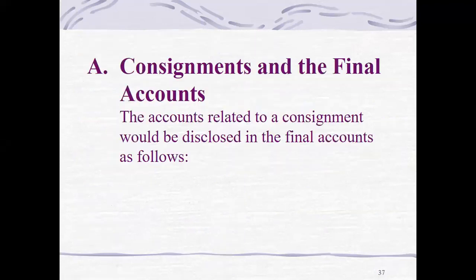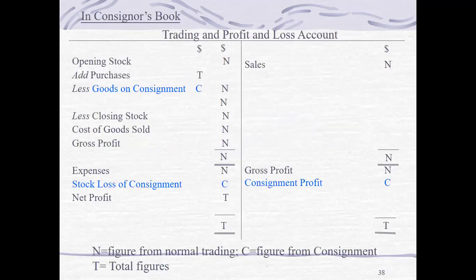Then, in addition to that, we have to consider the further considerations for consignments and the final accounts, which will be disclosed in the financial statements. So for the consignor's books, the trading and profit and loss account, meaning the income statement, you can notice that the credit side shows sales.